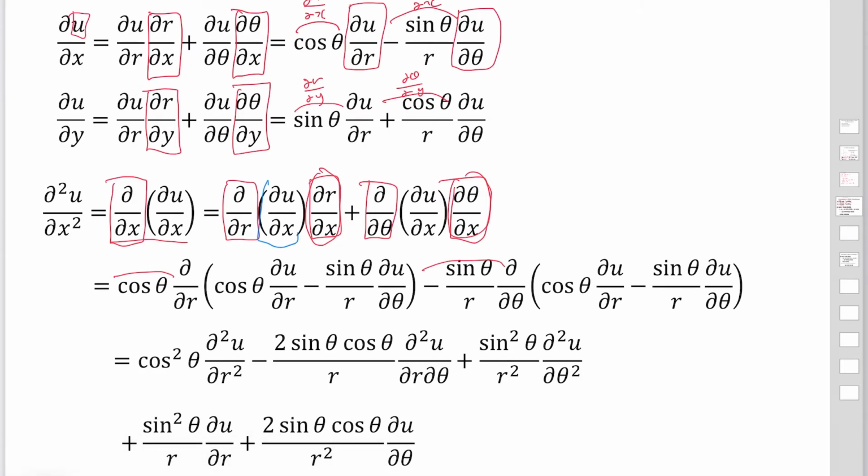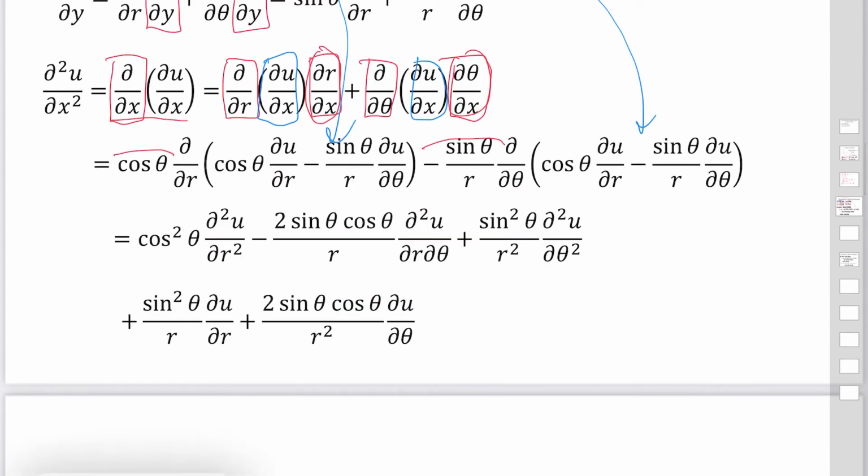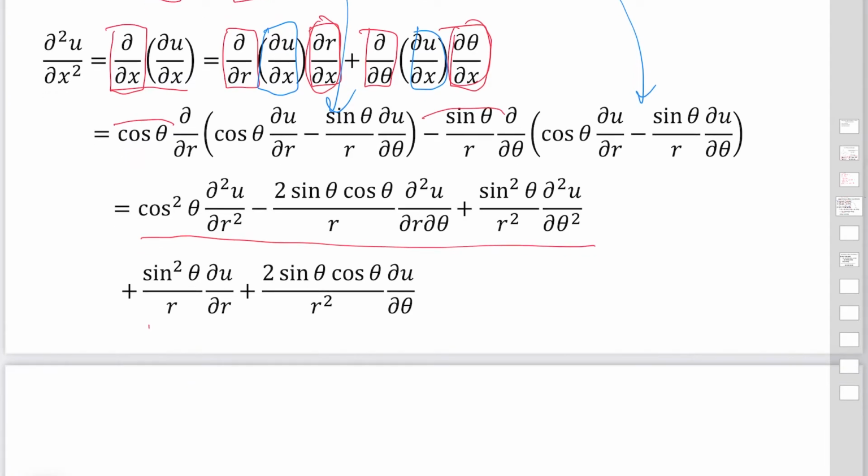For partial u partial x, we use these equations. We substitute this equation here and here. Then we could perform the partial derivative. We obtained a little bit complicated equation. So this is the second partial derivative of u with respect to x.